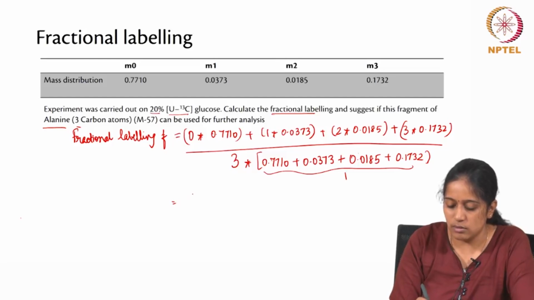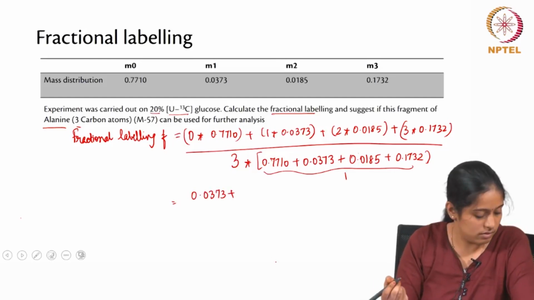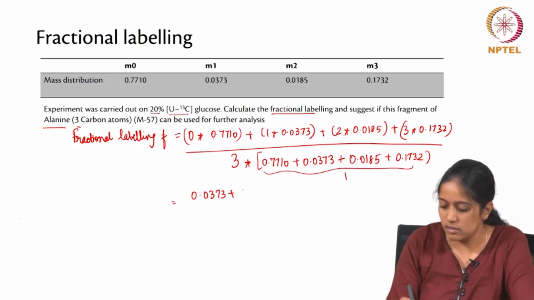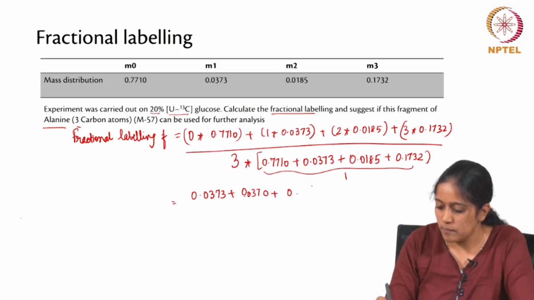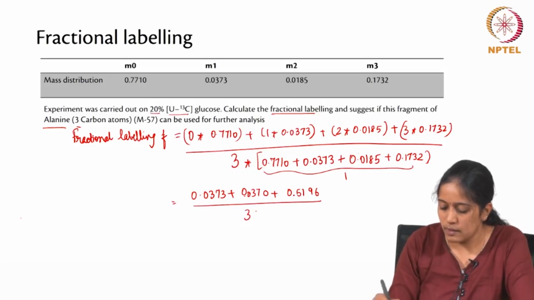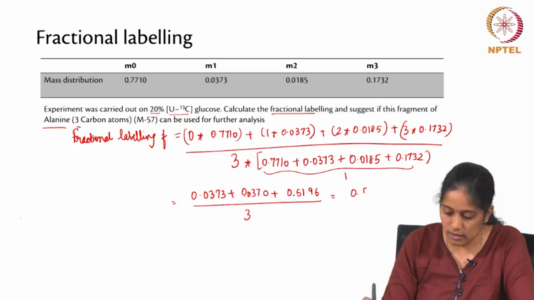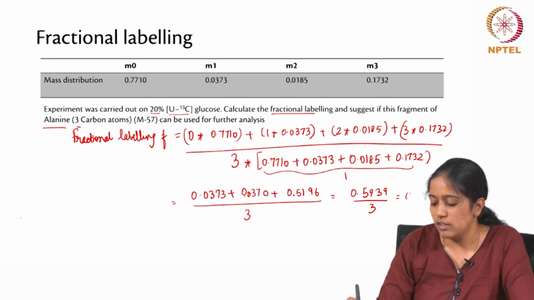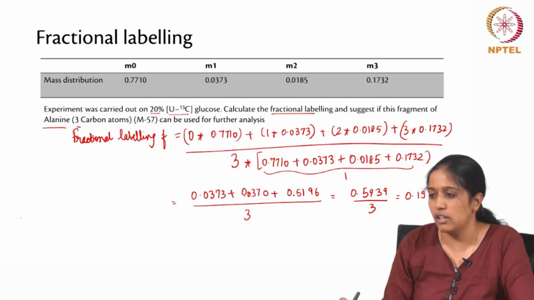So, this is 0.0373 plus how much ever it is, so this roughly comes to 0.5939, and this by 3 is around 0.19.